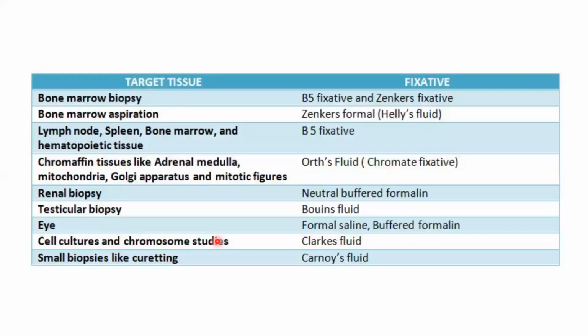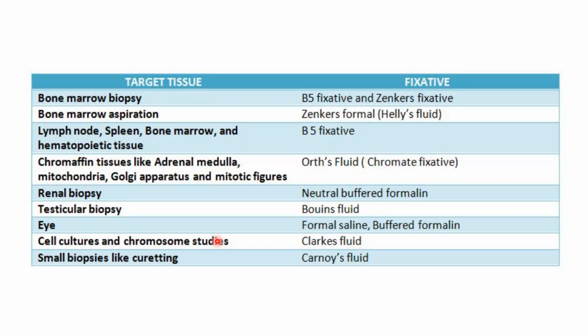Okay, a few other things include bone marrow biopsy. Usually, bone marrow biopsy will be suspended in Zenker's fixative. Bone marrow aspiration will be in Zenker's formalin or Helly's fluid. Lymph node, spleen, bone marrow, and hematopoietic tissues will be subjected to BFA fixative. Chromaffin tissues like adrenal medulla, mitochondria, and Golgi apparatus will be subjected to a cytoplasmic fixative such as Altmann's fluid.